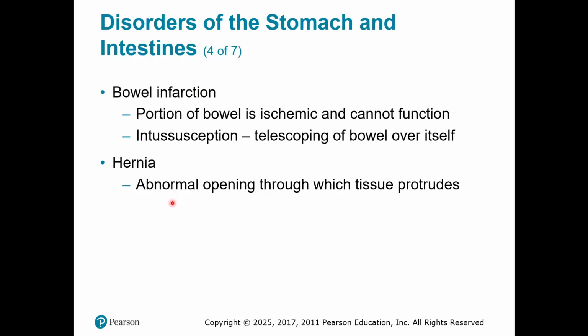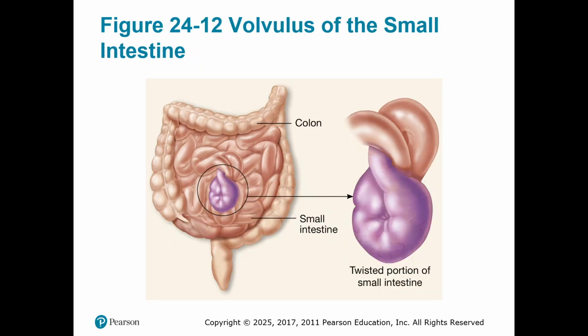And that's a hernia. And as long as the bowel's not strangulated, causing ischemia, as long as that's not happening, then they're very easily repairable. Here's your small intestine, the colon, and there's that twisting portion of the small intestine, and that's called a volvulus.